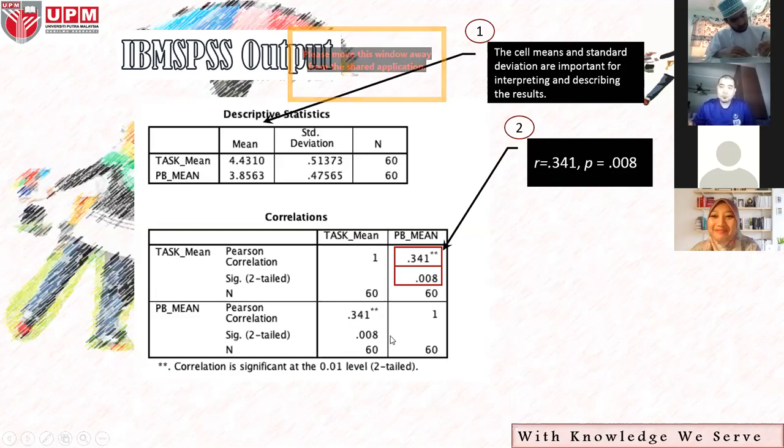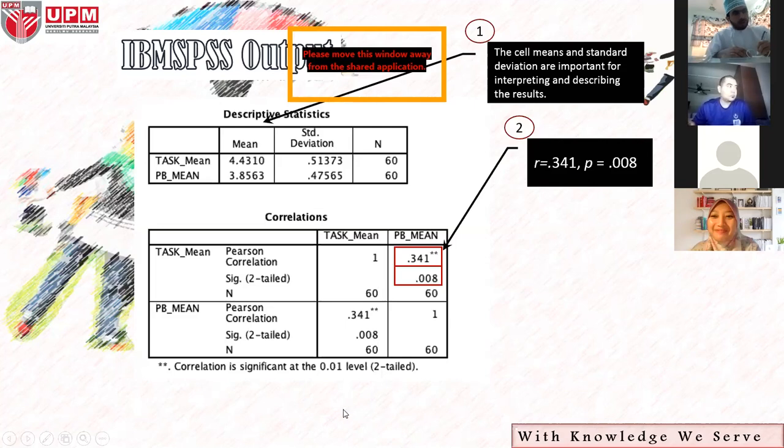Okay, but based on this table, you should be aware of the symbol here. There's an asterisk symbol here. Two symbols, two flowers. Okay, so two flowers here indicate that the correlation is significant at the 0.01 level of significance.